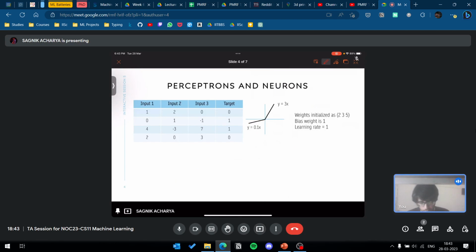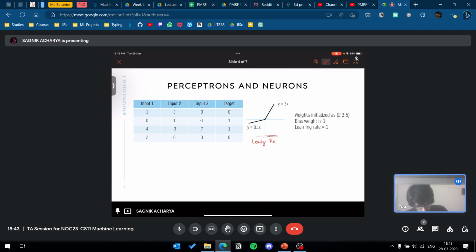The first problem that I have here is, I have a set of inputs to a perceptron and I have the corresponding target values. I also have the activation function over here. This is called a leaky ReLU activation function.